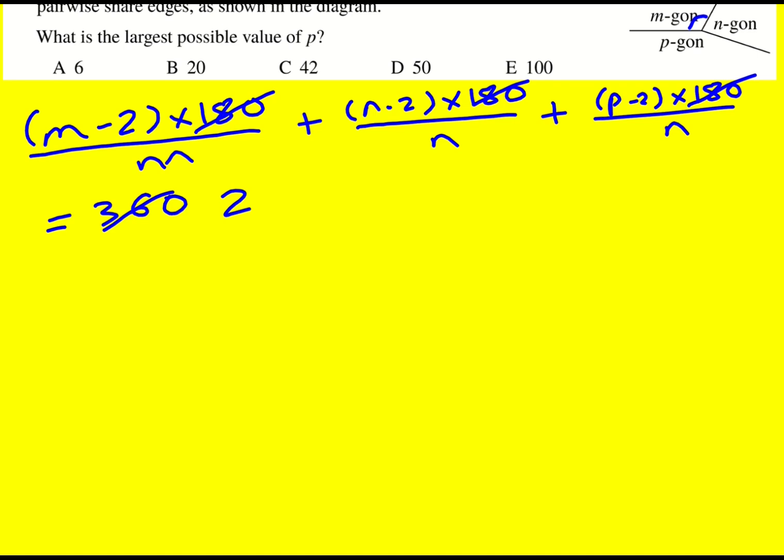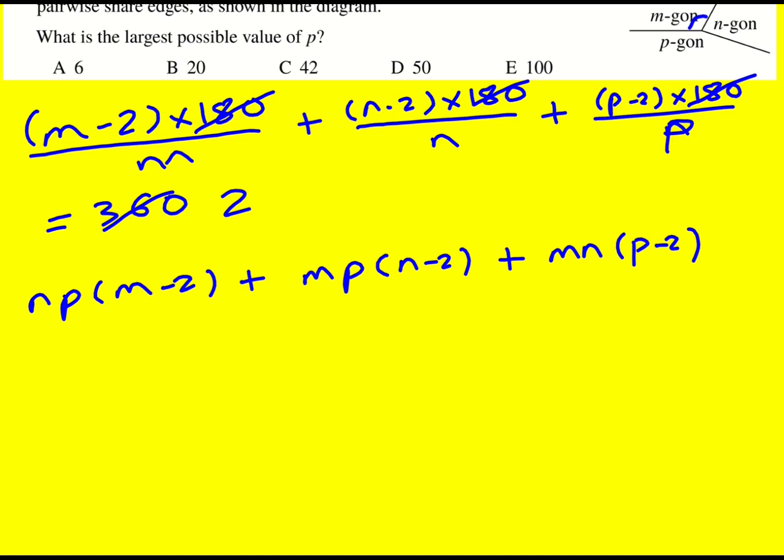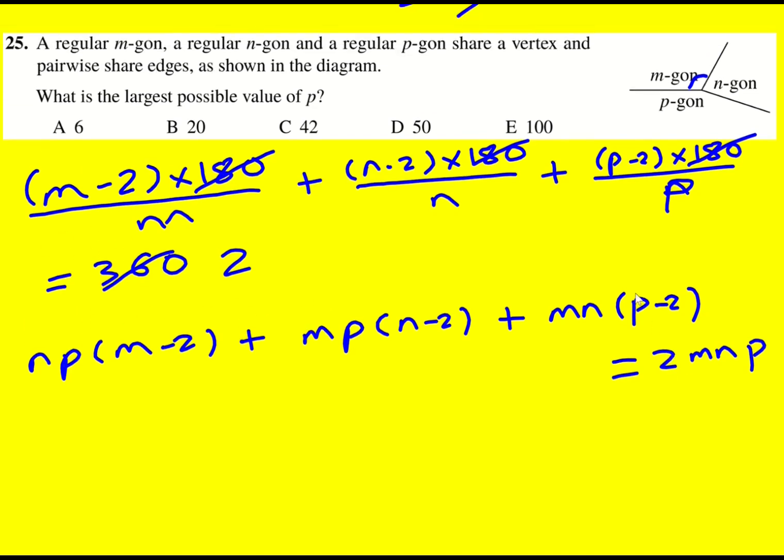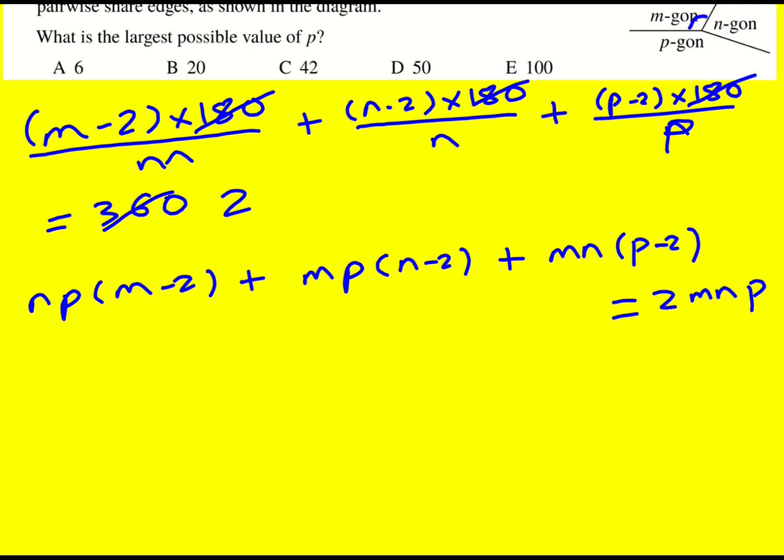And then I'm going to multiply, oh, sorry, that should have been a P. Then I'm going to multiply through by M, N and P. So I'm going to get NP(M minus 2) plus MP(N minus 2) plus MN(P minus 2) equals 2MNP. Okay, you might think this is making it a little more complicated, but at least I got rid of the fractions. And then let's see what happens. NPM minus 2NP.